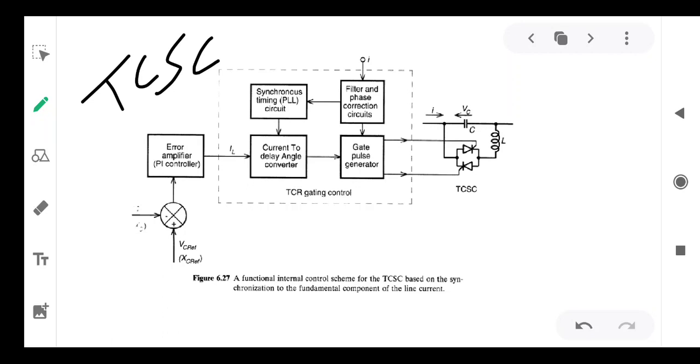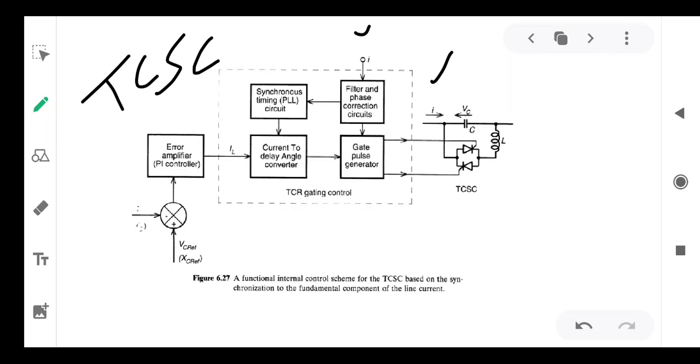Here also, I is the current flowing through the line. This signal is taken for the control purpose.